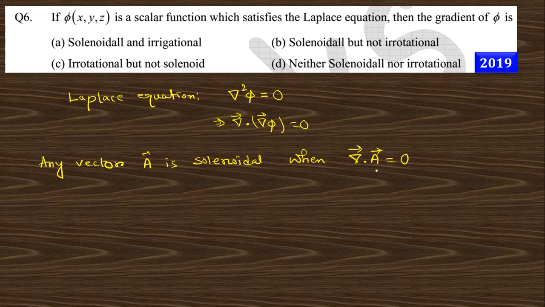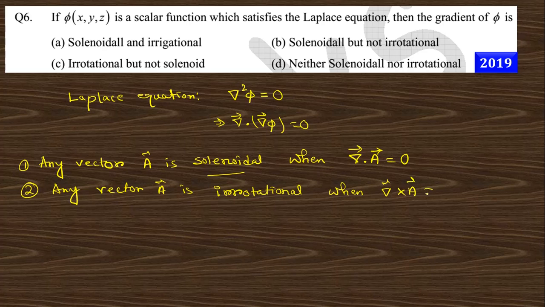If divergence A is 0, then we can say this A is solenoidal. And next point, any vector A is irrotational when curl of A is 0. When curl of A is 0, then this is irrotational. When divergence A is 0, then this is solenoidal.